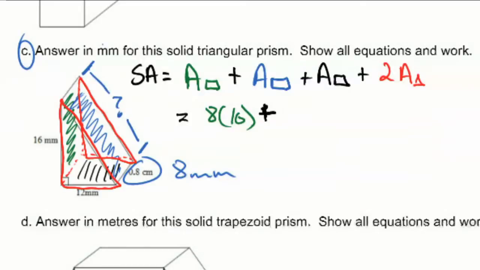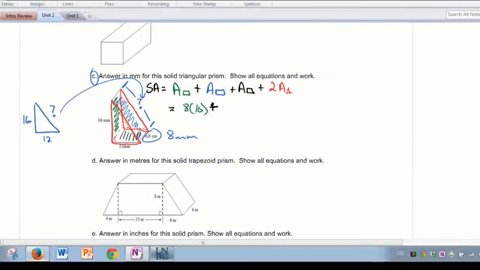Can't get away from it. Or no, we don't need this for the triangle. But think about the triangle: I know this is 12, I know this is 16, but I don't know what this is, and I need to know that to find it here in the question.